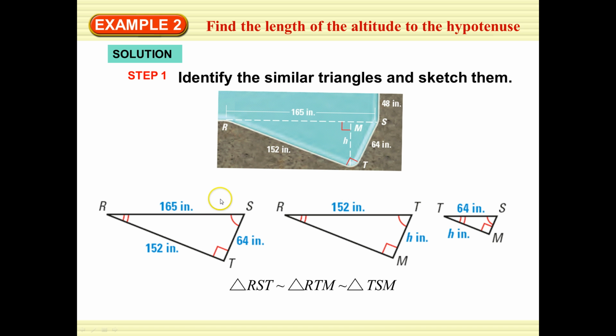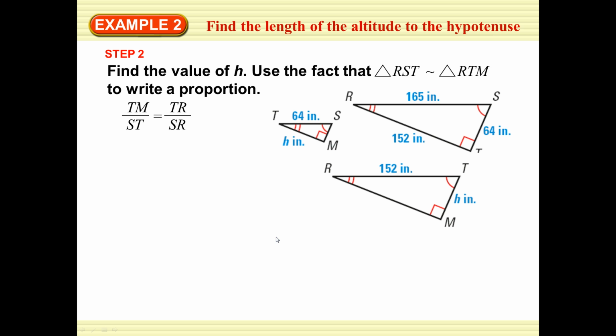So I'm going medium to big and medium to big. And if you do that, it looks like this. Okay, so I did, yep, medium to big and medium to big. And once you get that proportion, simple cross products and solve.